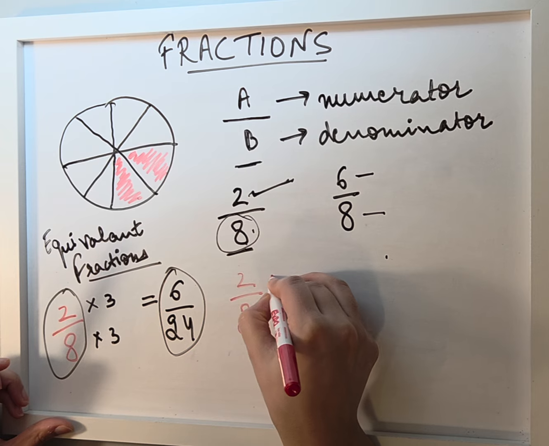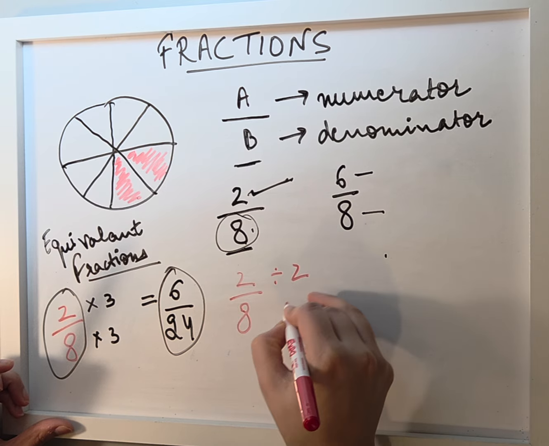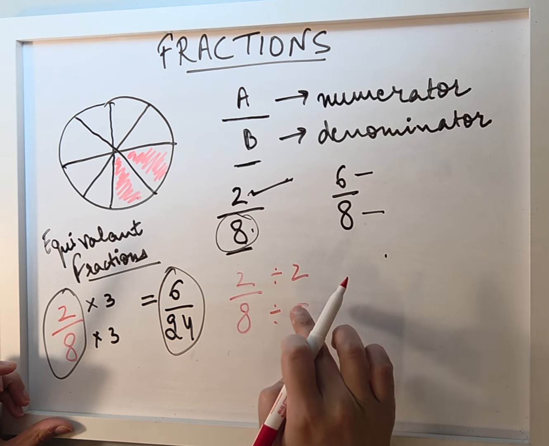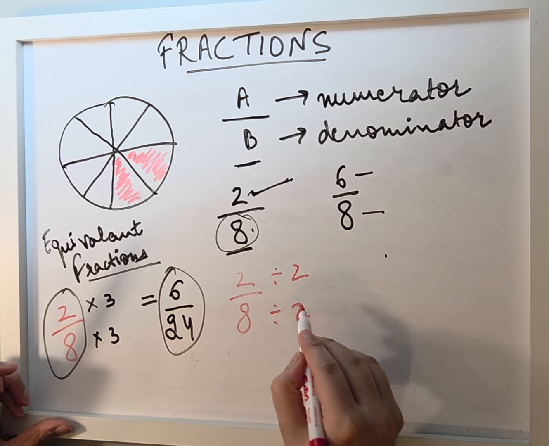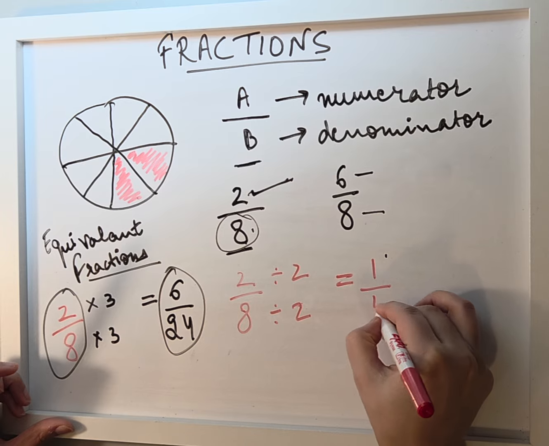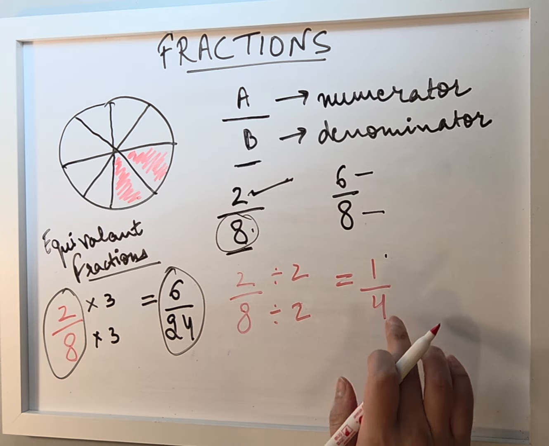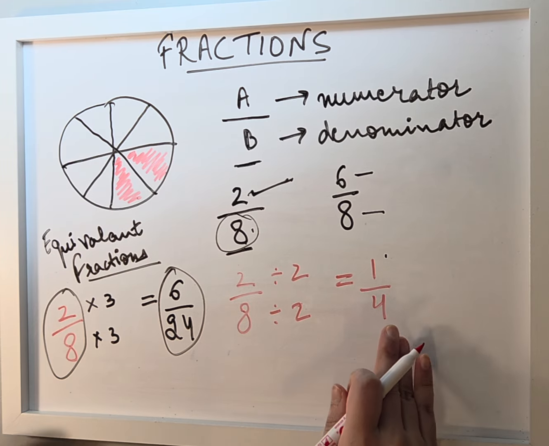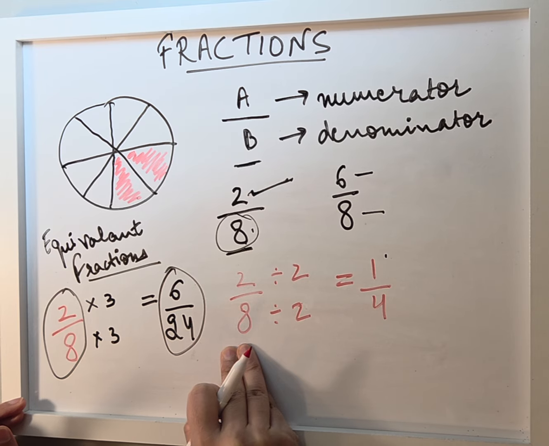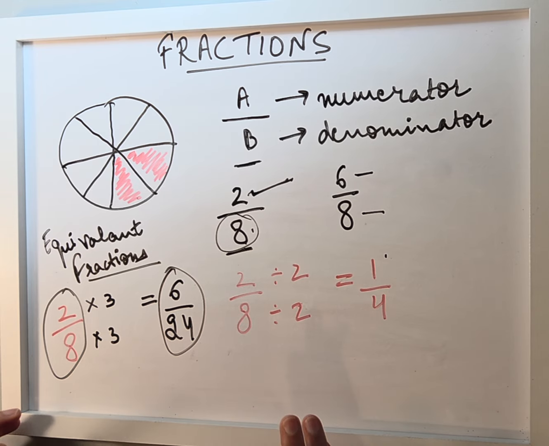If we divide it by 2, we can see these are both even numbers, so they both will be divisible by 2. So 2 divided by 2 is 1, and 8 divided by 2 is 4. So 1 by 4 is also an equivalent fraction of 2 by 8.